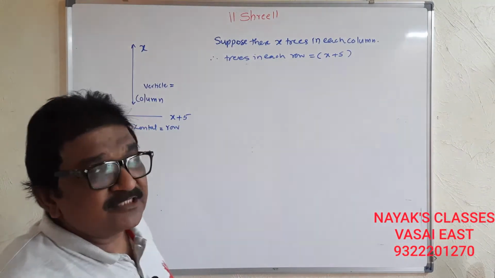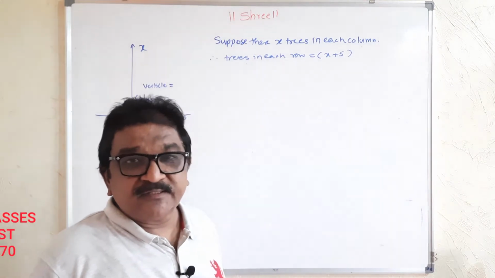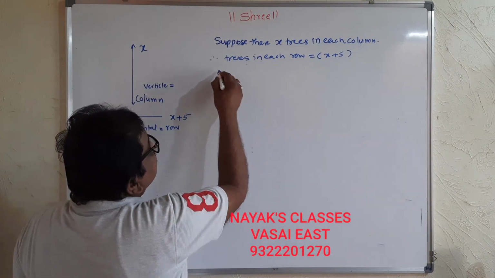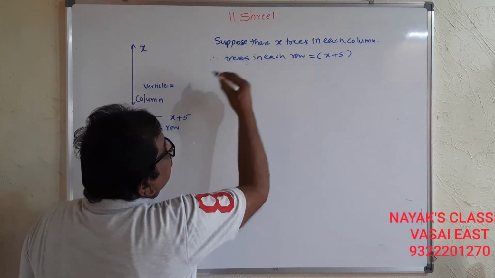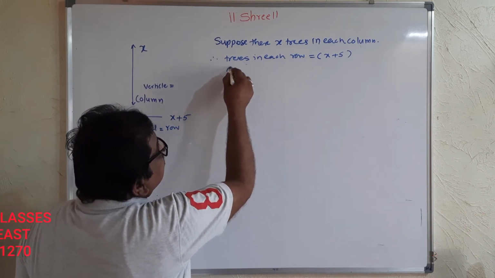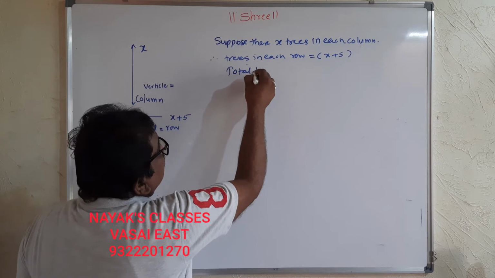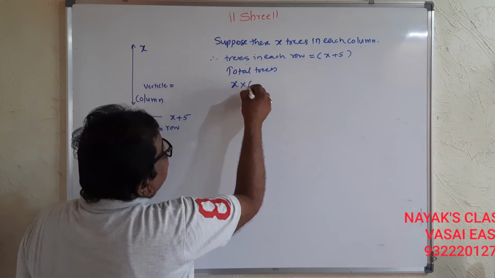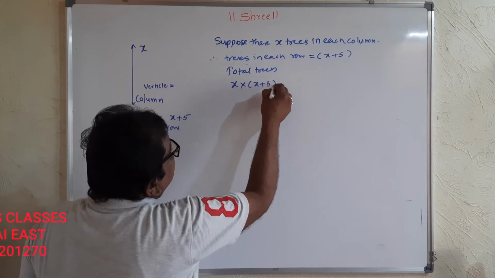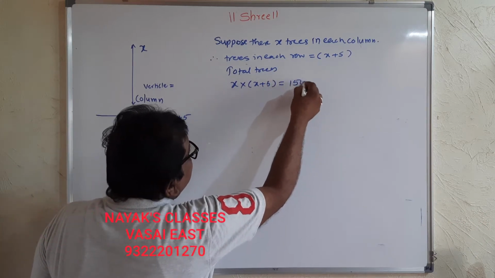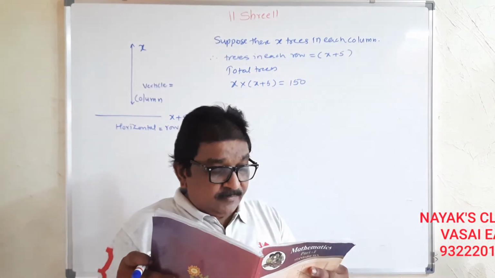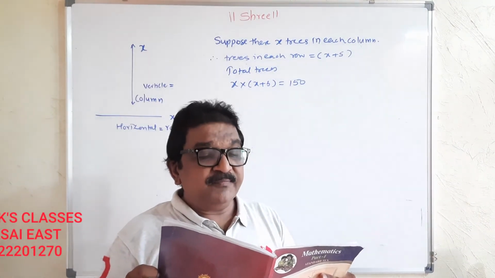The row has 5 trees more than the column. The condition is the product of these two, the total trees, that is x into (x plus 5) is equal to 150. Correct? Yes, 150 trees.